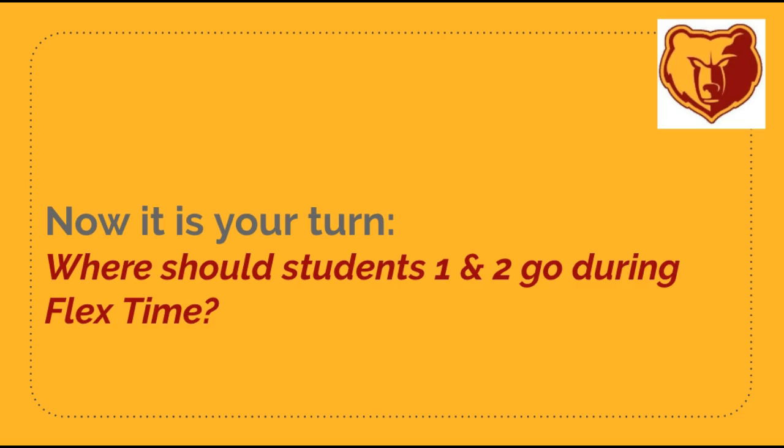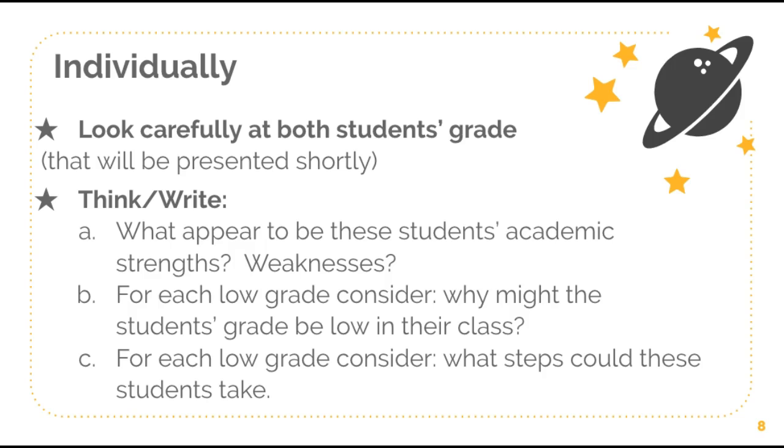So now it is your turn. Where should students 1 and 2 go during flex time? Individually, you're going to be looking now at both students' grades, which I will be presenting shortly. Think about it and write some notes about what appear to be these students' academic strengths and weaknesses.